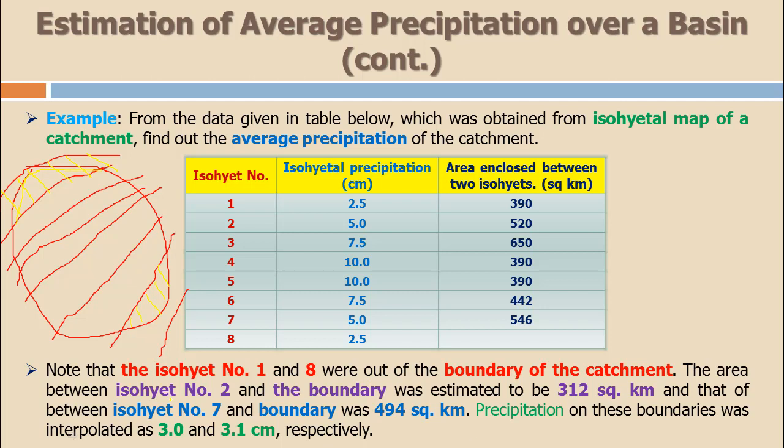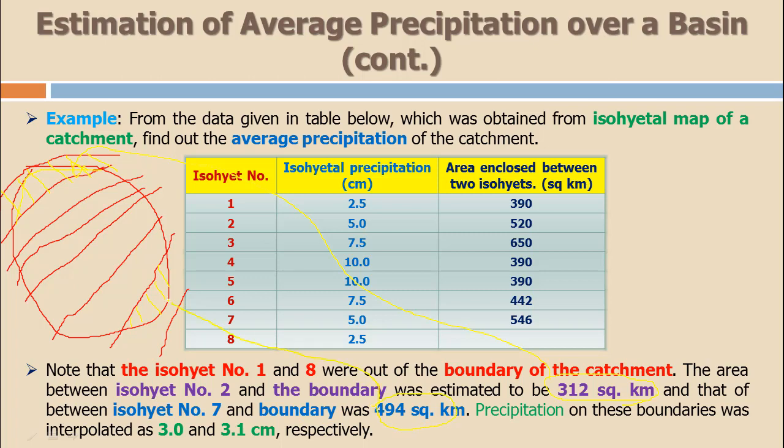Here you see the area between isohyet number 2 and the boundary was estimated to be 312. This is actually this one. And similarly, between isohyet number 7 and the boundary, the area was this.